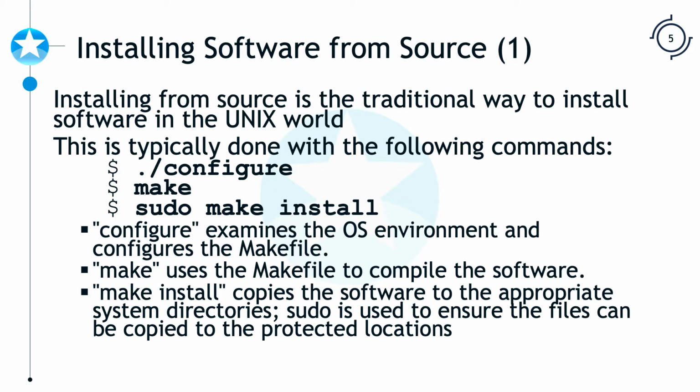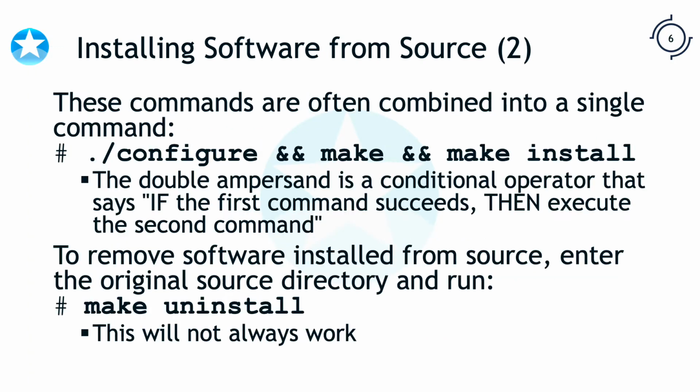We need to use sudo here because oftentimes it's going to write into locations that a normal user cannot. Now, the installation here could be a little bit different depending on the software. Sometimes they won't have make files. Sometimes they won't have an auto configuration file, but this is a very common way to install software from source.